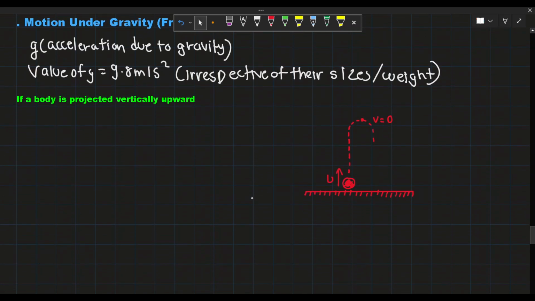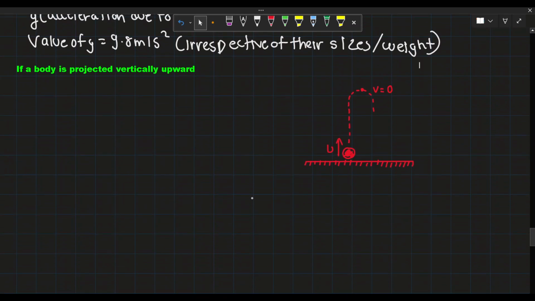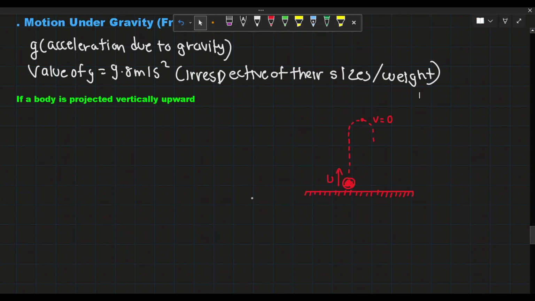Moving on to the different cases of motion under gravity, the first case is that if a body is projected vertically upwards from the ground, this is considered the ground frame, it will gain some height, reach a point where its velocity is 0, and would again fall down.